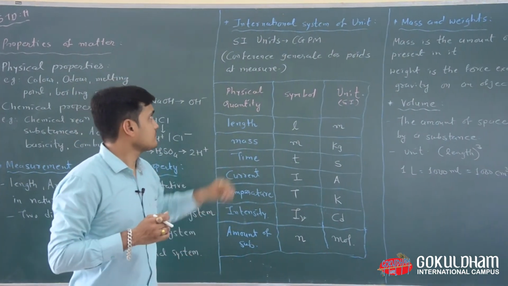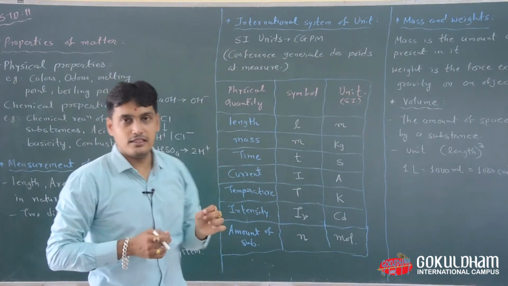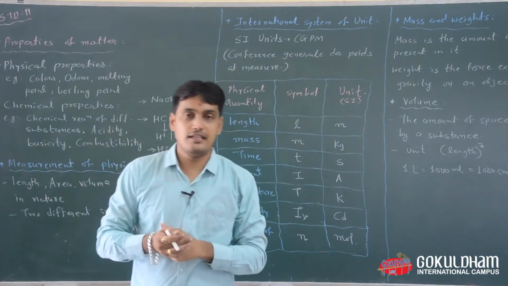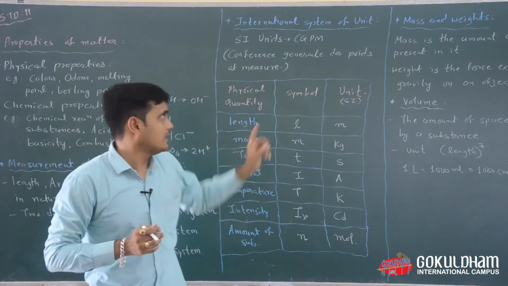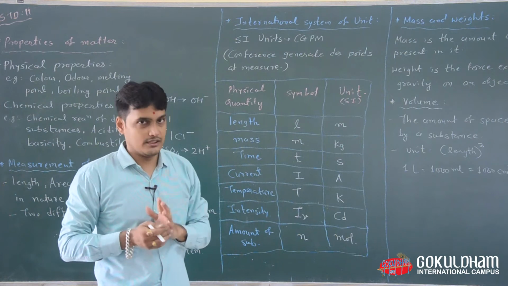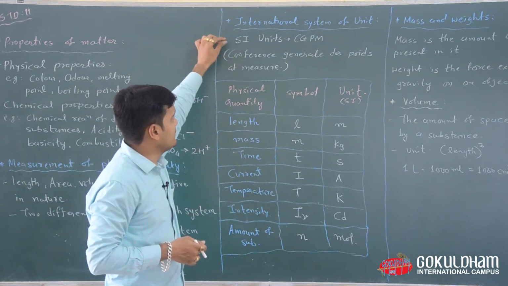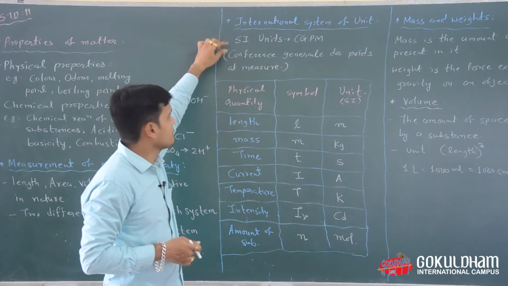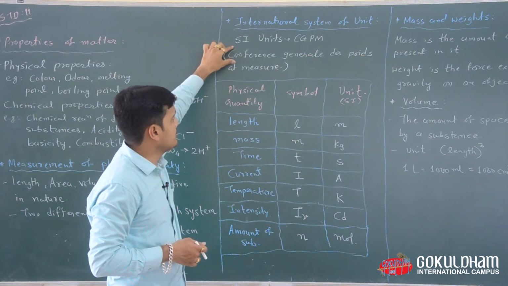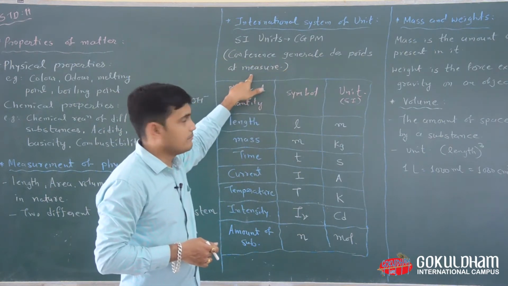The full form of SI is Le Système International d'Unités. These SI units were established by the CGPM. CGPM means Conférence Générale des Poids et Mesures.